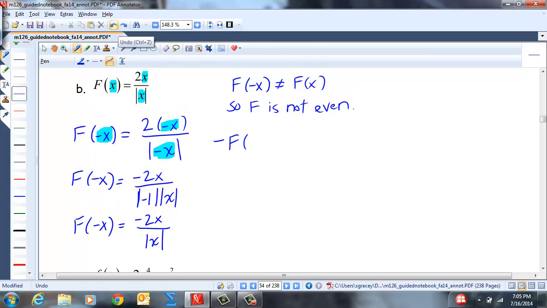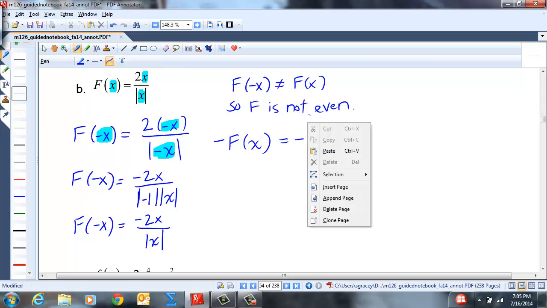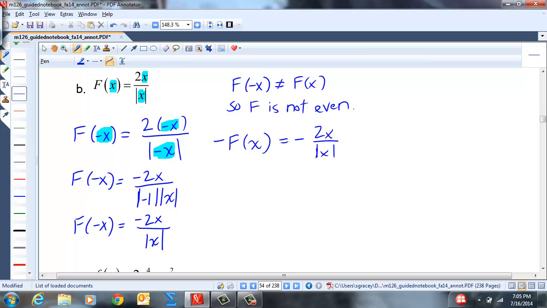So if I multiply both sides of our function by negative 1, we'll get the negative of this. Sorry about that. So negative f at x is equal to negative 2x over absolute x.